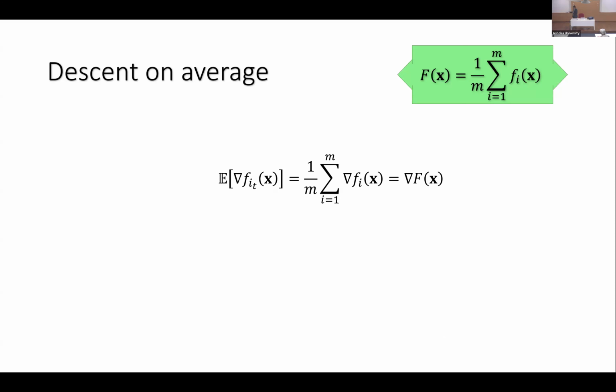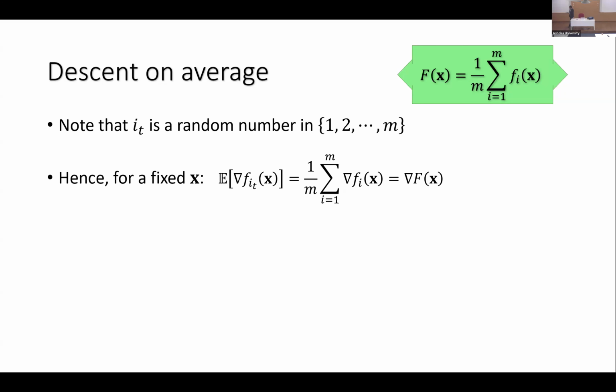What is the full objective function? The 1 by m summation part. So that is the gradient, and this is the descent direction. So in expectation, the stochastic gradient is a descent direction. So what is the summary here?